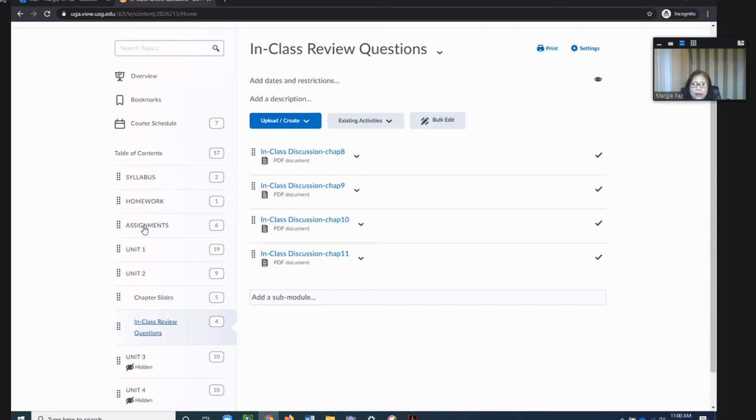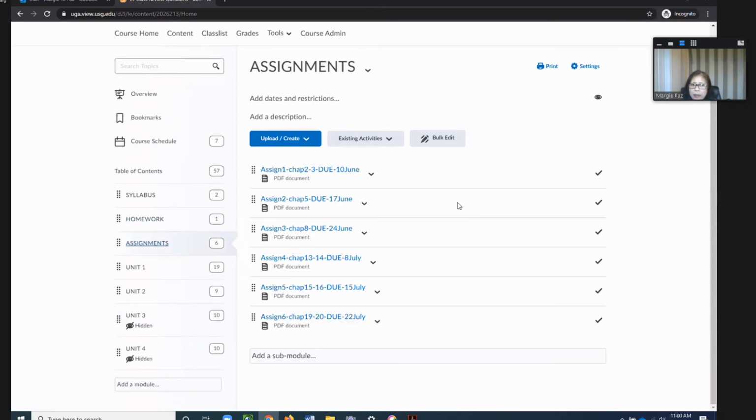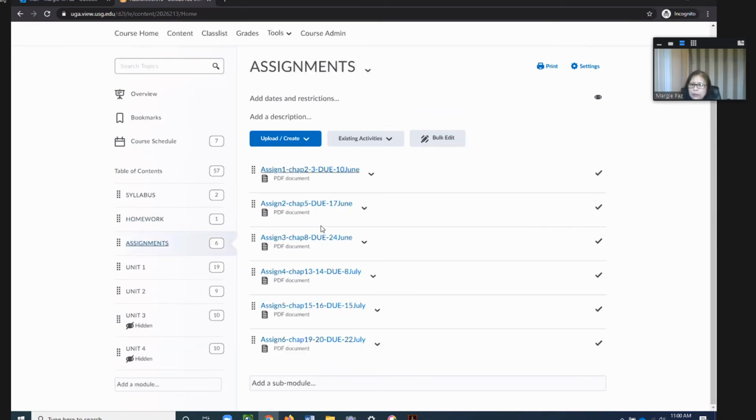Any other questions? Remember, the assignments are here in this folder. And I've indicated what chapters are covered in these particular assignments, as well as the due date.